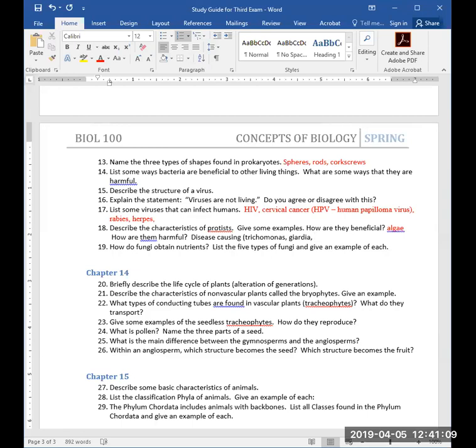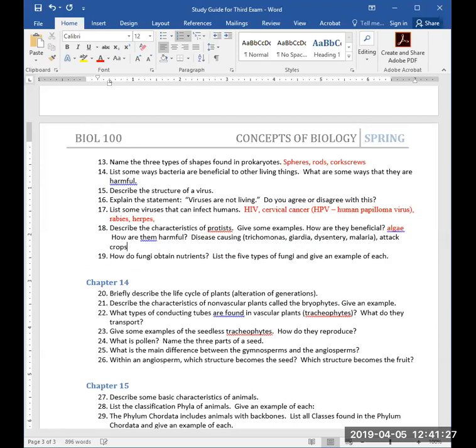Let's see. Dysentery by amoeba, malaria. African sleeping sickness, right? Crops. Downy mildew. Grapes. Hate that mildew on grapes. Okay, etc. So lots of bad things it can cause.